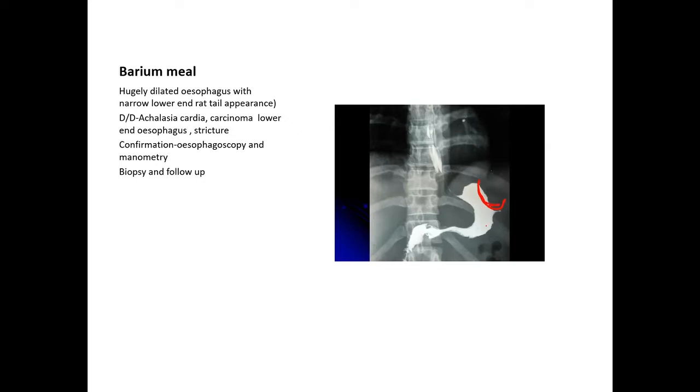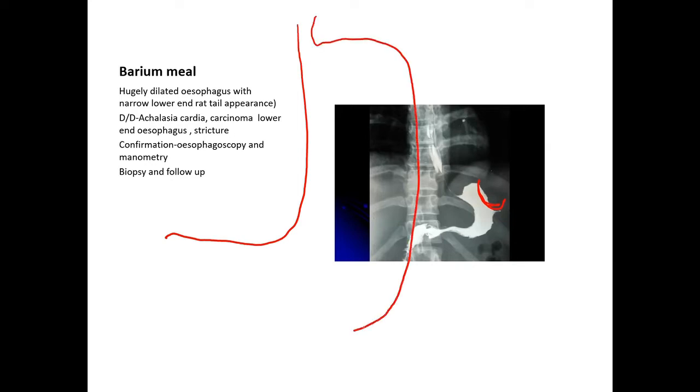In GOO, you might see a dilated stomach that is roomy and failure of contrast to empty into the duodenum. Okay, you might see a dilated stomach that may even reach the level of the pelvis.